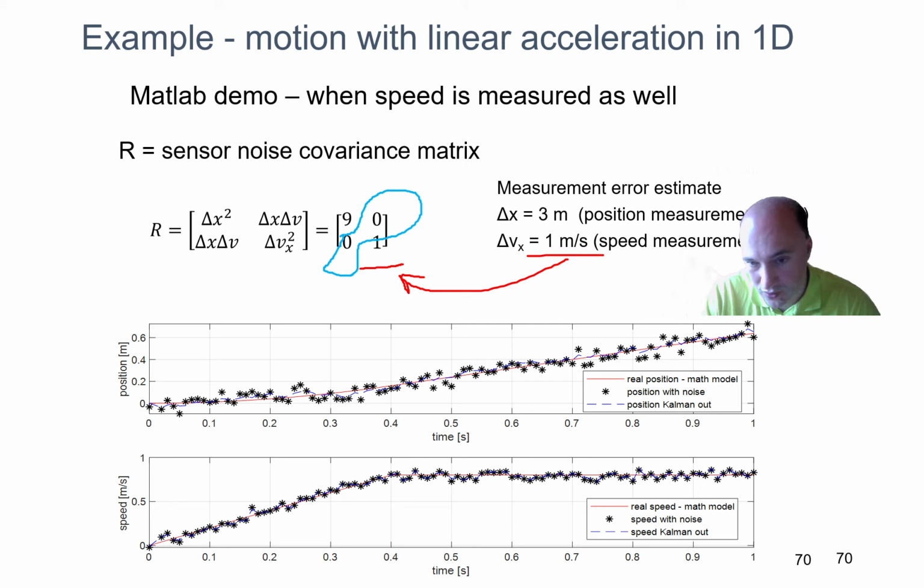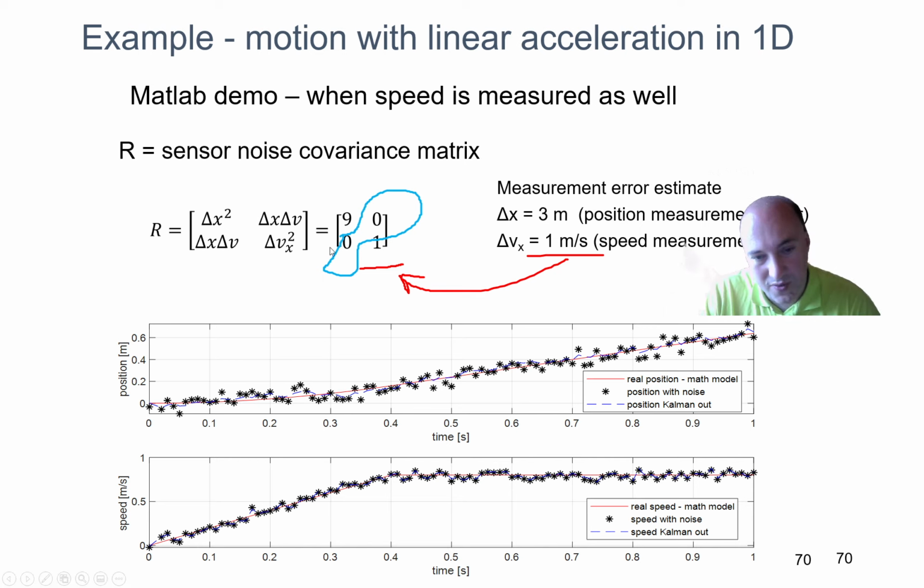But in order to do this, we will need to make a slight change in the algorithm. We will need to set the value of the Q matrix, because otherwise it would not follow this change. It would simply continue straight on, because it thinks that I am able to calculate it exactly, and I don't need any update from the measured value.